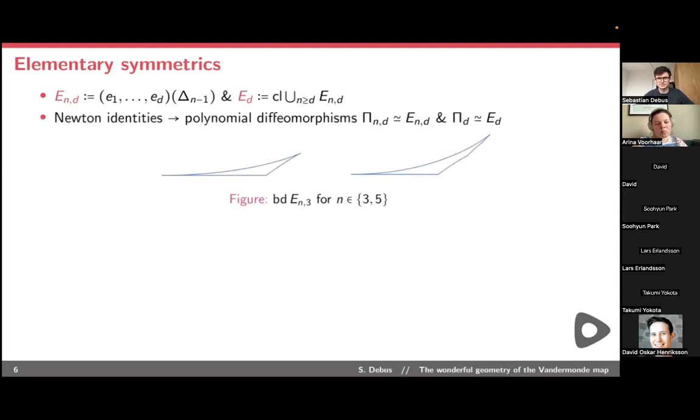And here you see some plots for the planar case. So we have d equal to 3, but E1, the first elementary symmetric, is the first power sum, and this is constant 1. So we omit this, and here we plot only E2 on the x-axis, and on the y-axis it's E3. And we see here N3 and N5.